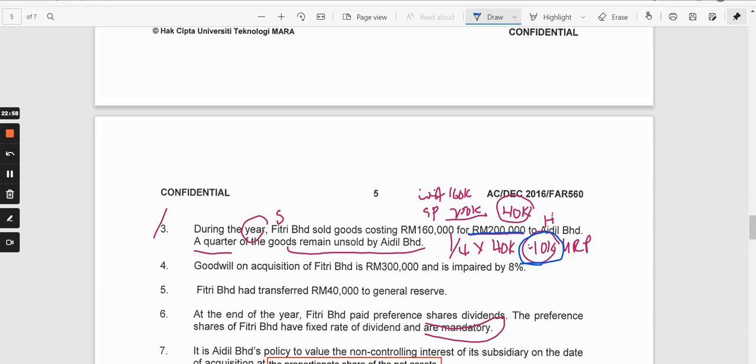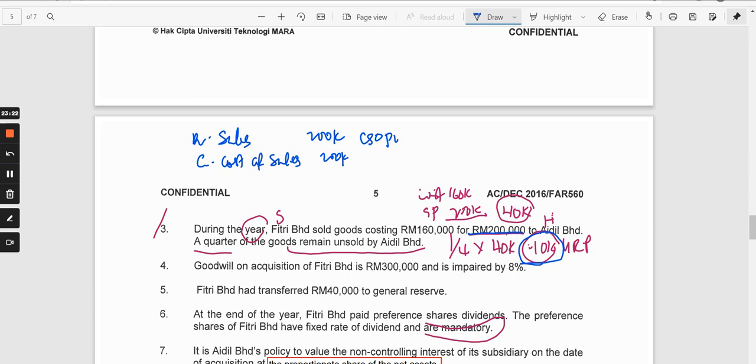So for the intercompany sale, you're going to eliminate. You're going to remove it from the sales, and you're going to remove the purchase from the cost of sale, because the cost of sale contains purchase. How much? 200. This will be done in our consolidated statement of profit or loss.